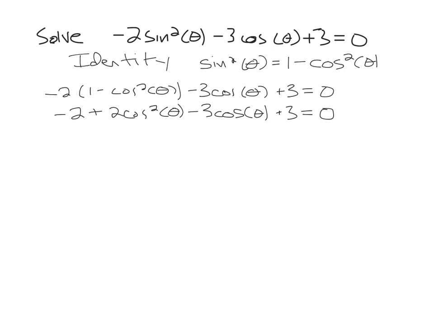Combine any possible like terms, so that negative 2 will go with that 3. 2 cosine squared theta minus 3 cosine theta plus 1 equals 0.